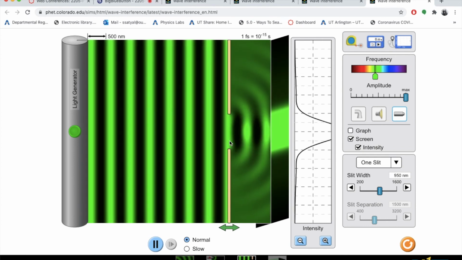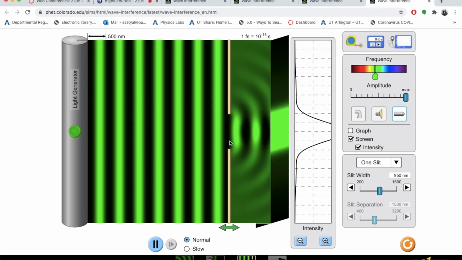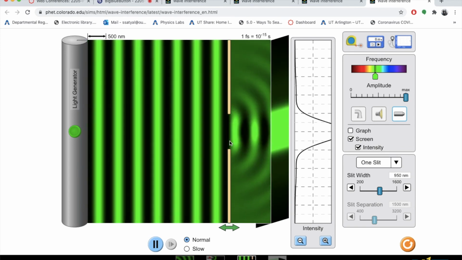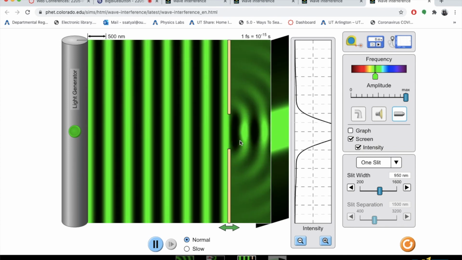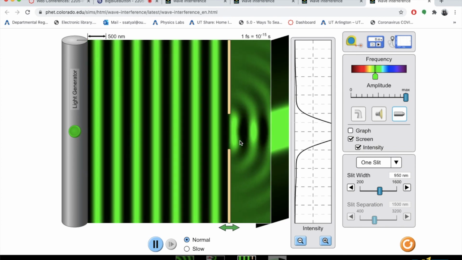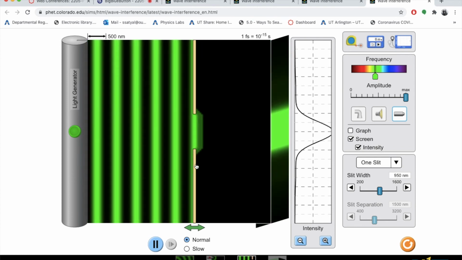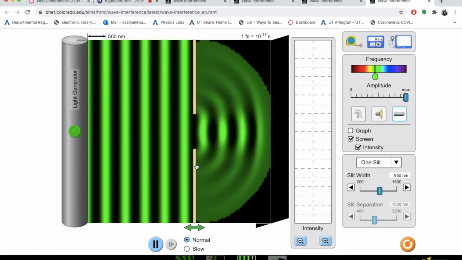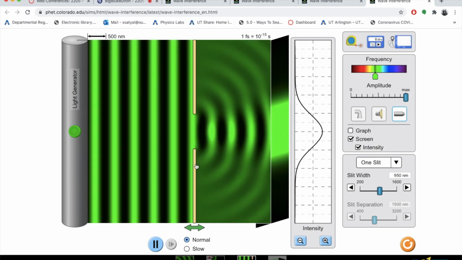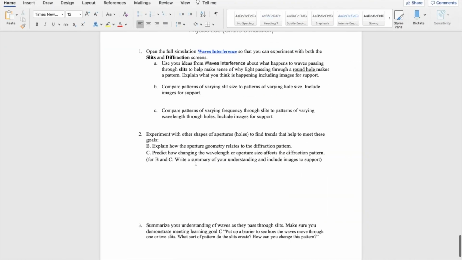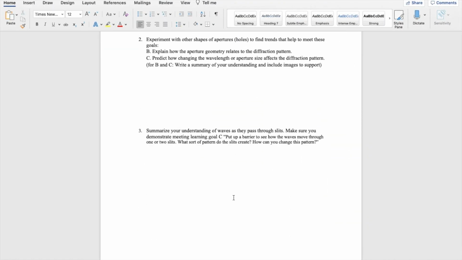And how does it depend? That's more important. I know it depends on this length here, the slit width, and the frequency and the wavelength, but go back to your equations and see how changing one parameter affects the other parameter. Finally, summarize your findings, your understanding of the waves.